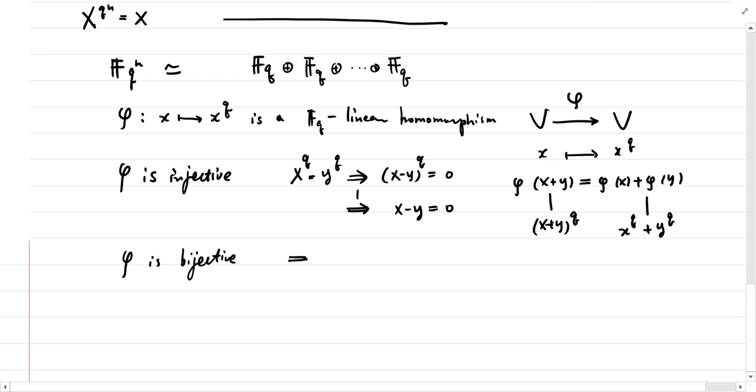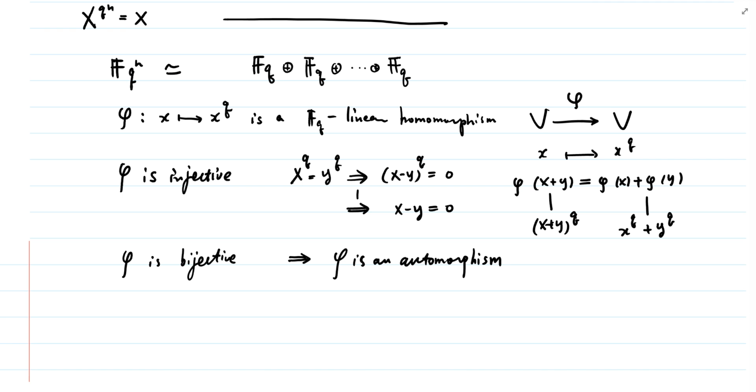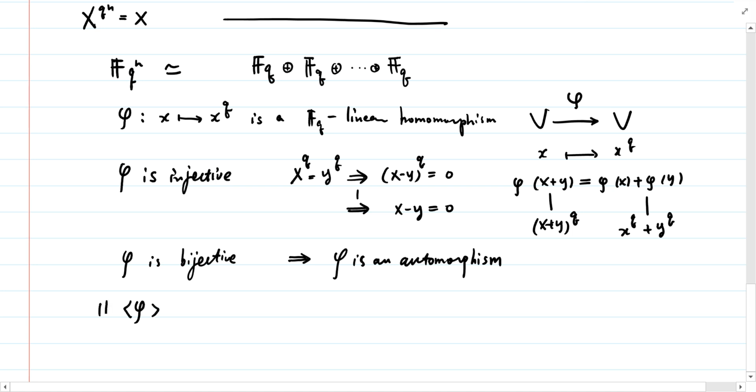So it's an automorphism, nothing more than this. This is just telling that it's an automorphism. Then I think we can simply say that the subgroup of automorphisms generated by this Frobenius has order n.